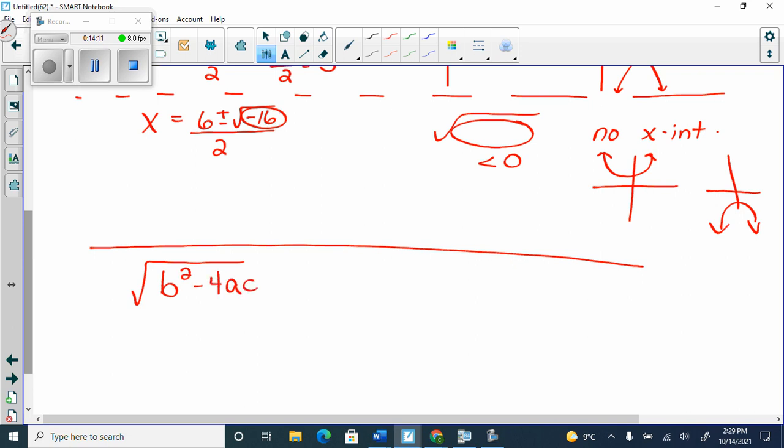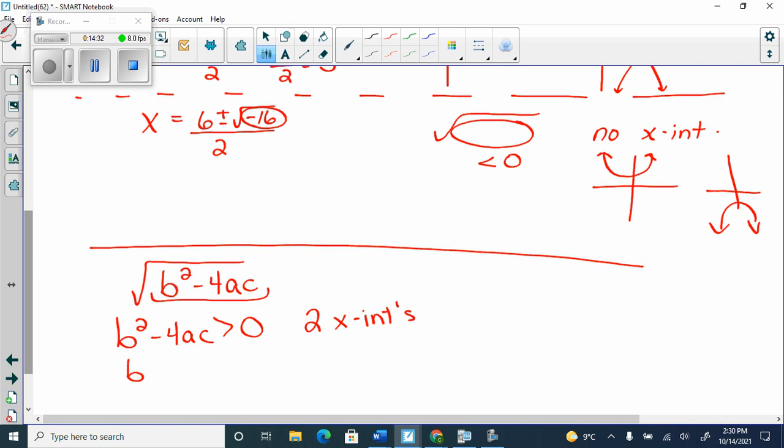This is what's underneath the square root. When b squared minus 4ac is greater than 0, what happens? How many x-intercepts do I get? 2 x-intercepts.